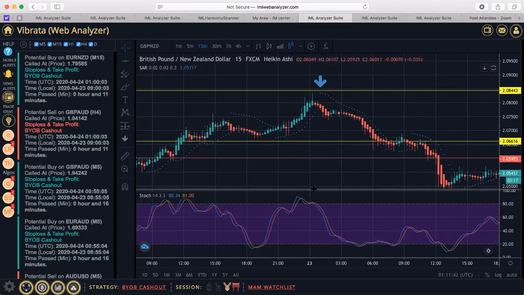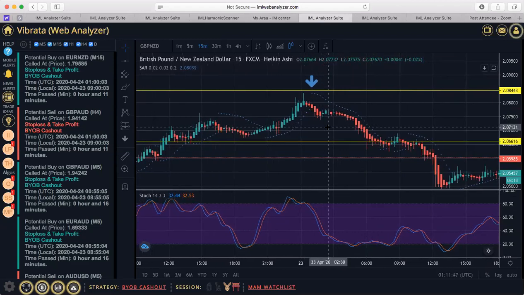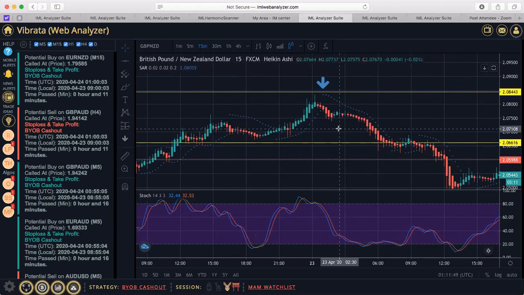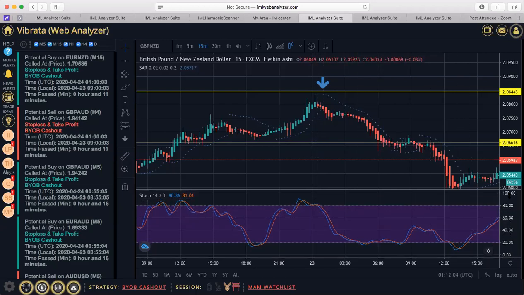I'm going to say this too: you need to be on the vibrato. Make sure you're on the vibrato. Now, the stochastic. When I come to the stochastic, it ranges from 0 to 100.